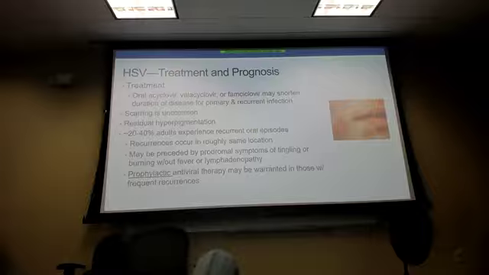It doesn't scar as much, but can lead to some pigmentation changes, so a little bit of hyperpigmentation where these recurrences happen. This is one where I don't normally say just write a whole bunch of refills and send them home with prophylactic doses, but this is one you should do for kids or adults. After a time or two, people will start to feel when something is coming on.